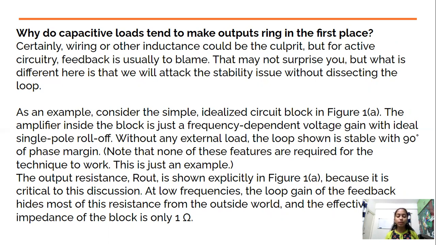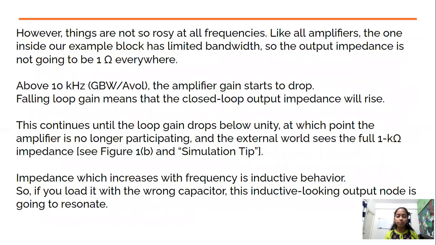At low frequencies, the loop gain of the feedback hides most of the resistance from outside the block, and the effective output impedance of the block is only 1 ohm. However, things are not so rosy at all frequencies. Like all amplifiers, the one inside our example block has limited bandwidth, so the output impedance is not going to be 1 ohm everywhere.